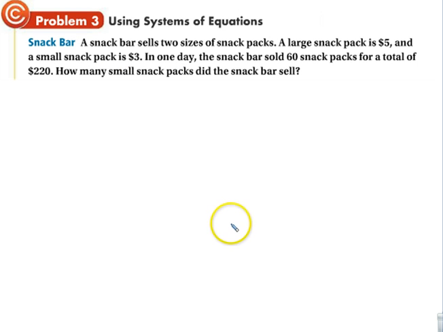Now, a word problem. A snack bar sells 2 sizes of snack packs. A large snack pack is $5 and a small snack pack is $3. In one day, the snack bar sold 60 snack packs for a total of $220. How many small snack packs did the snack bar sell? They've sold a total of 60 snack packs, so we have 2 different equations.